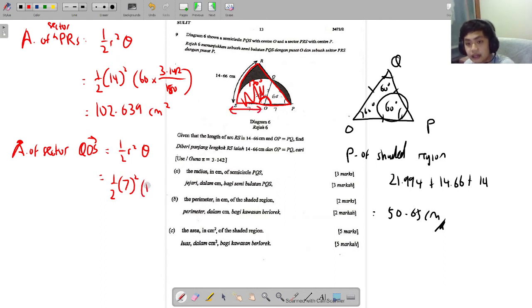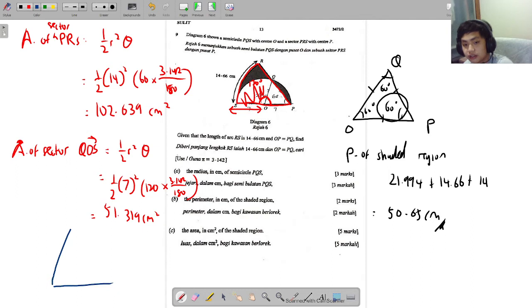So theta is 120 times 3.142 over 180. So that is 51.319 cm squared. Now finally the triangle here. I'm just going to draw out the triangle to make it a bit clearer.